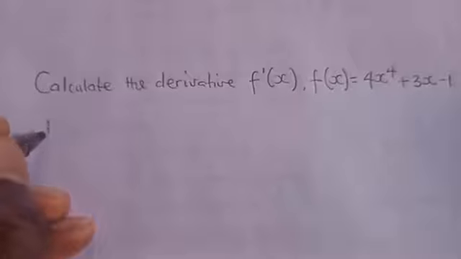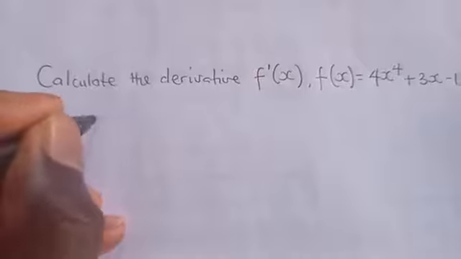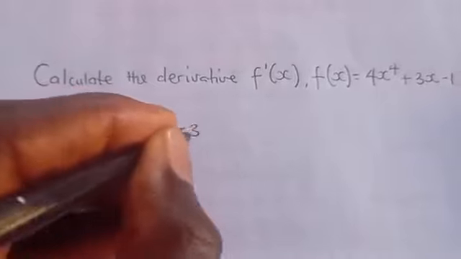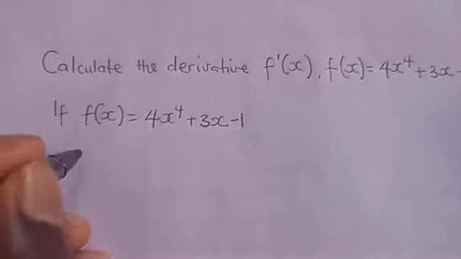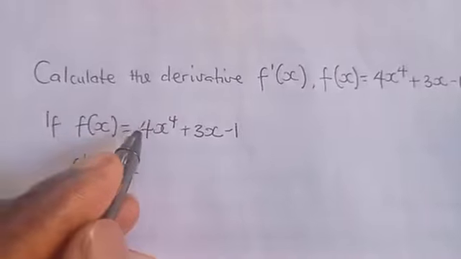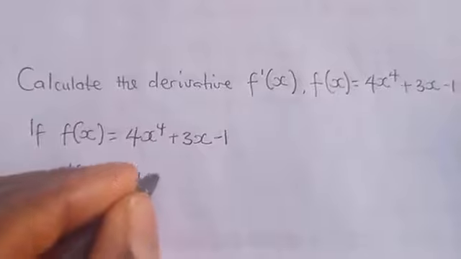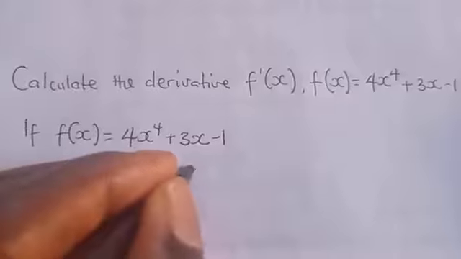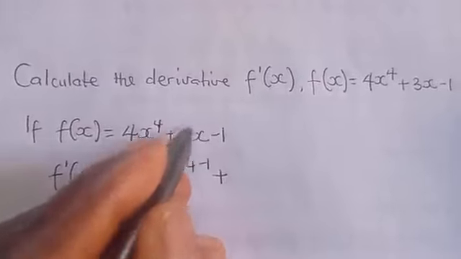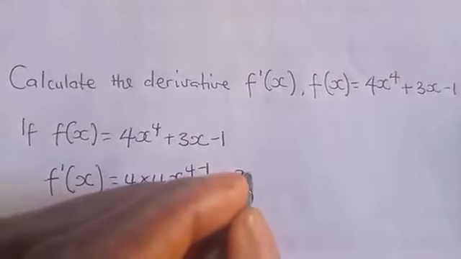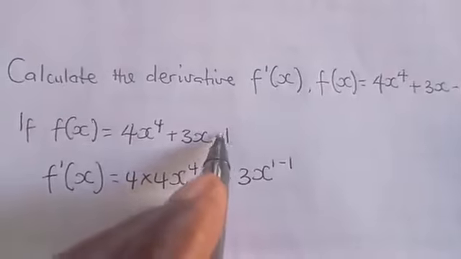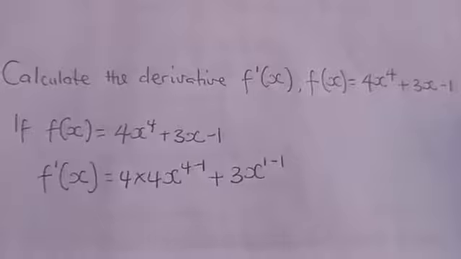So if f of x is equal to 4x raised to power 4 plus 3x minus 1, f prime of x, that's the derivative of f, will be equal to 4 multiplying 4, that is 4 times 4x raised to the power of 4 minus 1, plus the power of x here is 1, so 1 times 3, we still have 3x raised to the power of 1 minus 1, and the derivative of 1 is 0. That's the derivative of a constant is equal to 0.